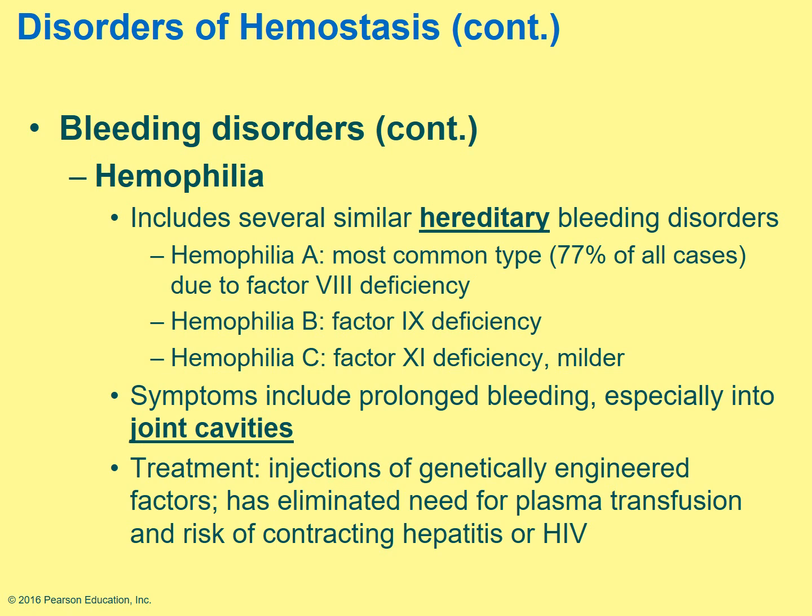One activates another, which activates another. And if you're missing one of those, then you can't complete the process. And so a person ends up bleeding, especially in joint cavities. Literally could lead to death from just what most of us would consider a minor injury. The treatment for that is injection of these clotting factors.